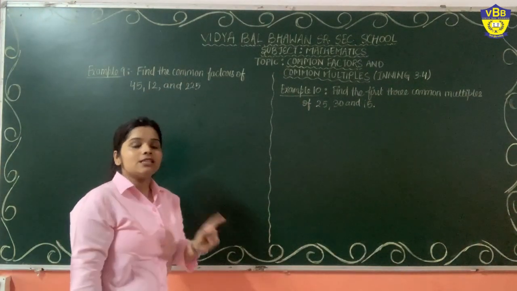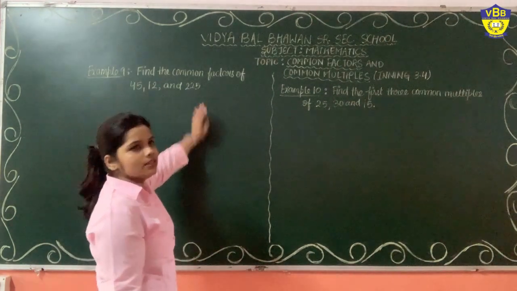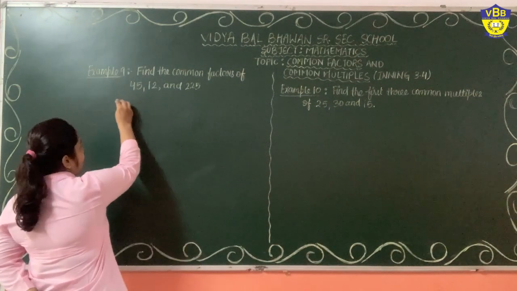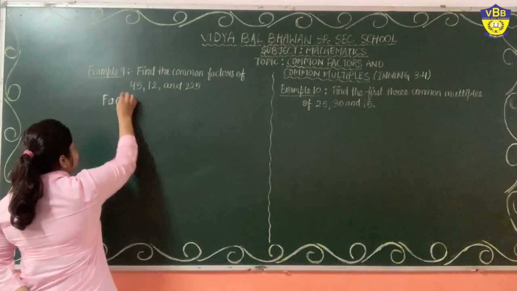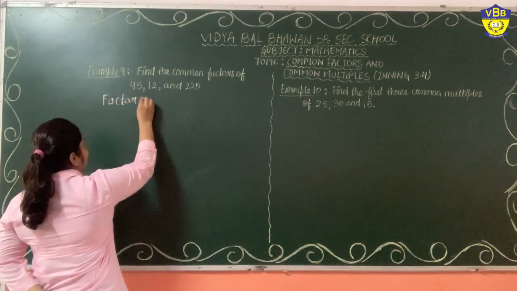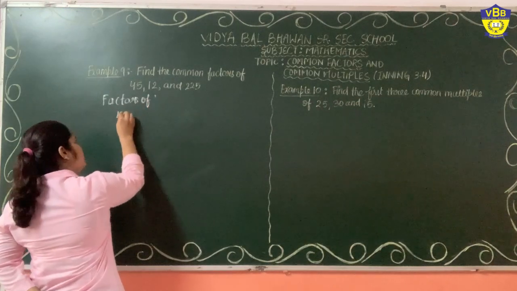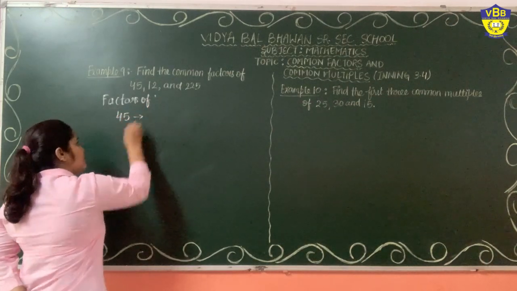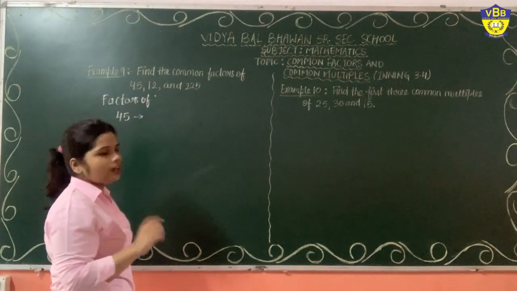For that, start by writing all the factors of these three numbers. In the solution, we write the factors of 45. We need to check in which tables 45 comes.